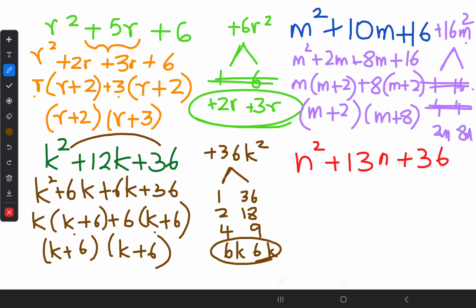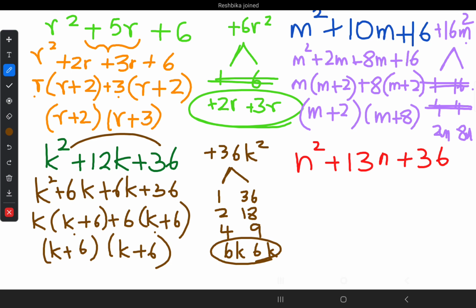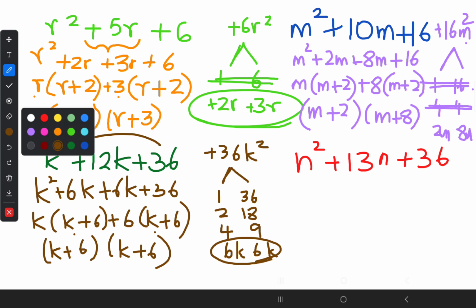After factorization of k square plus 6k plus 6k plus 36, that will give you the binomial expression like this. Expression means a measure with variables. Unknown English letters and numbers both together will be called an expression.